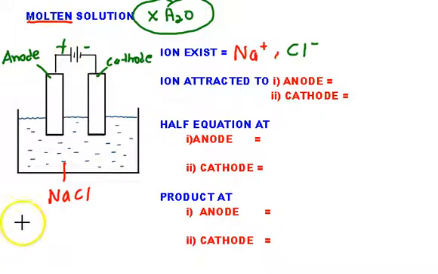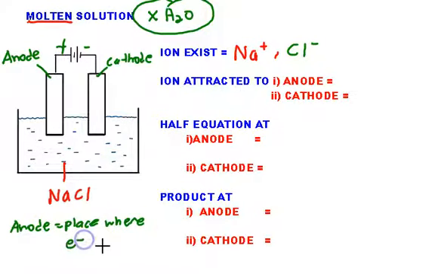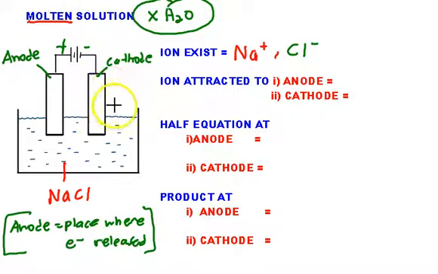The anode is a place where the electron is being released. Electron is being released, so this is the definition of an anode. But in electrolysis cells, we will make the positive charge here the anode.